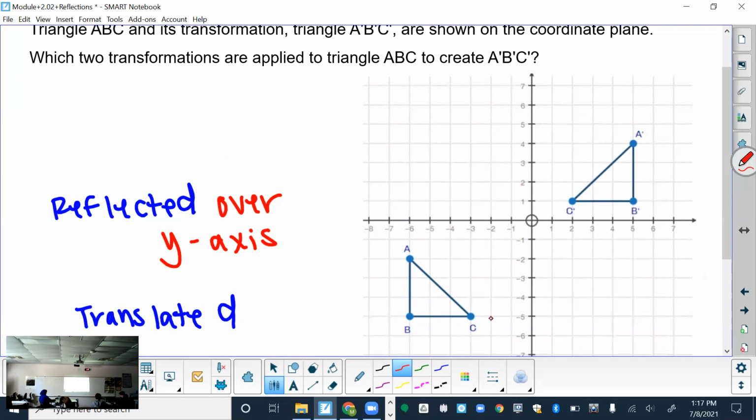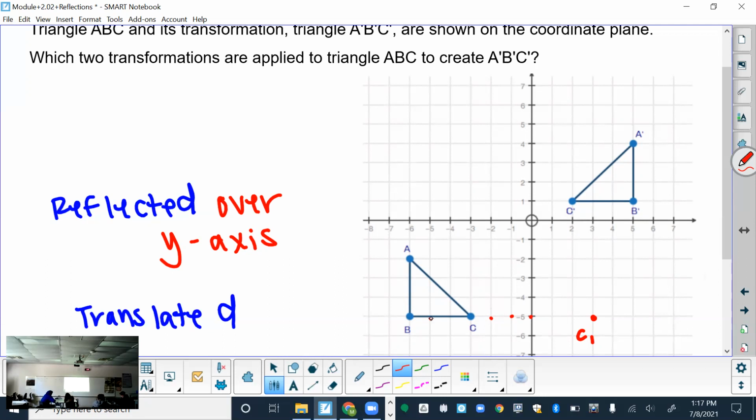So if C is 1, 2, 3 spots away from the y-axis, it needs to be 3 spots away on the other side. And we'll call it C1 for right now. All right, and then do the same for the other points.